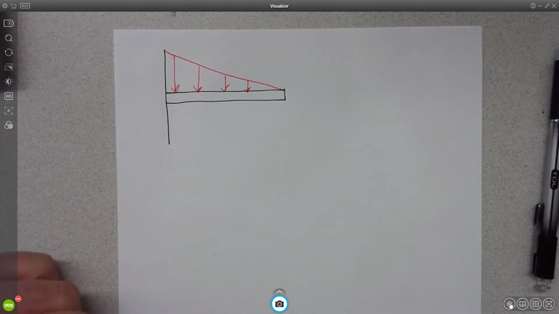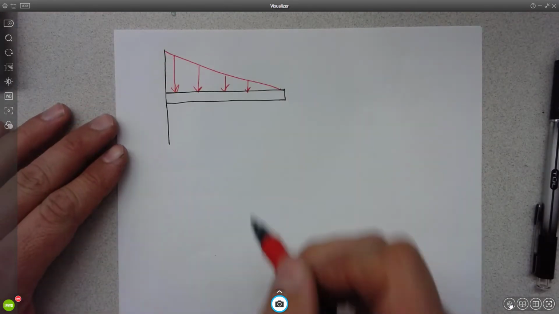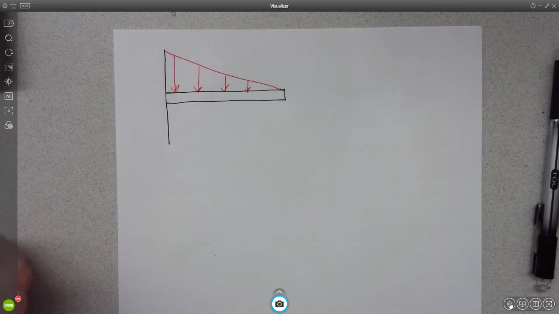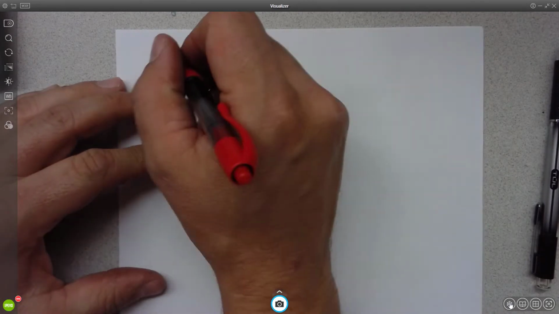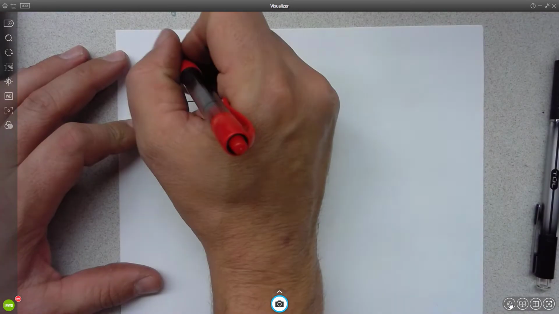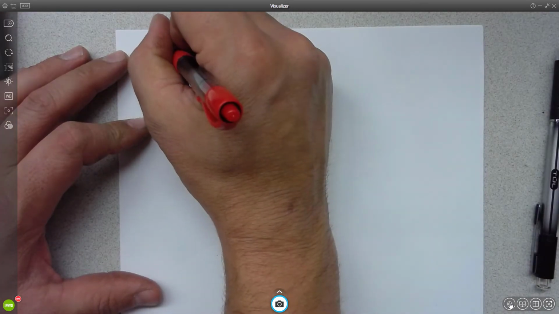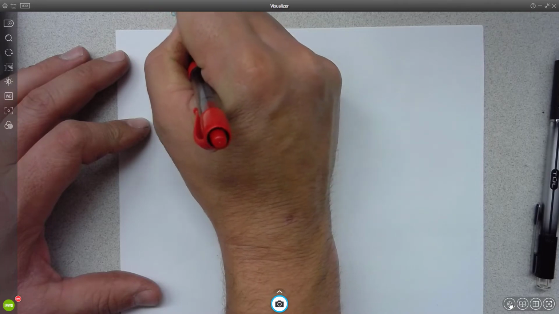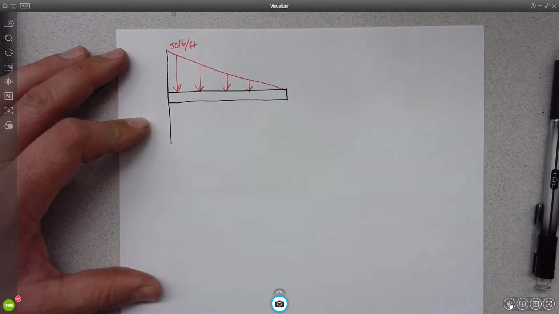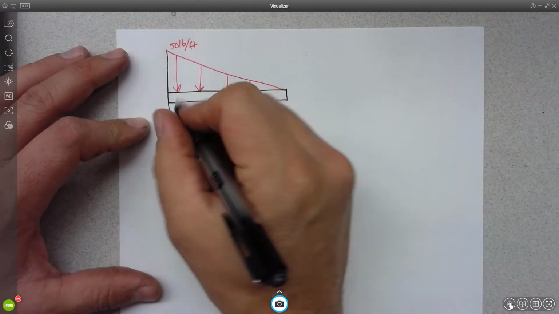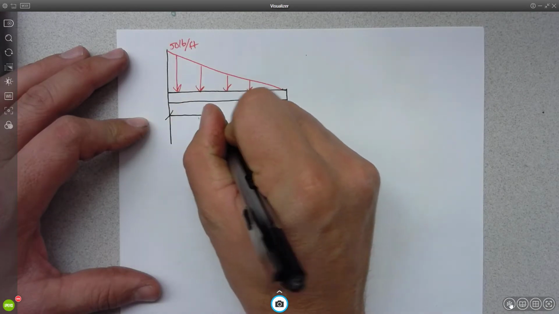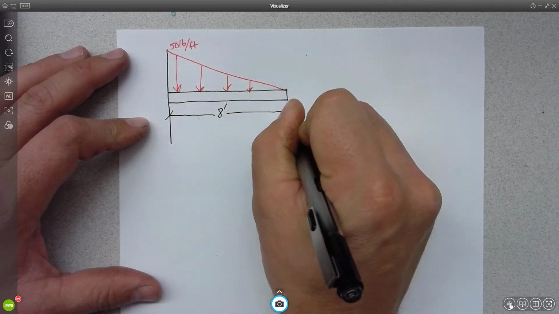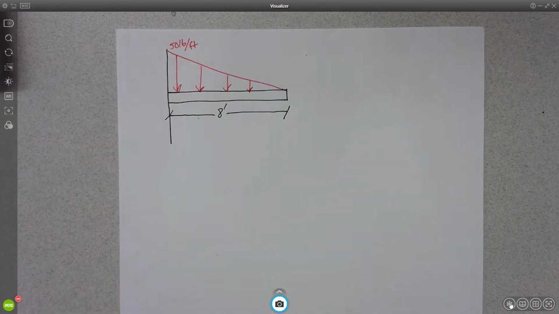It's cantilevered, and it has a bunch of snow on it. Triangular snow. Okay. And we'll say that this is 50 pounds per foot up here. And let's say that the beam is 8 feet long. Okay.